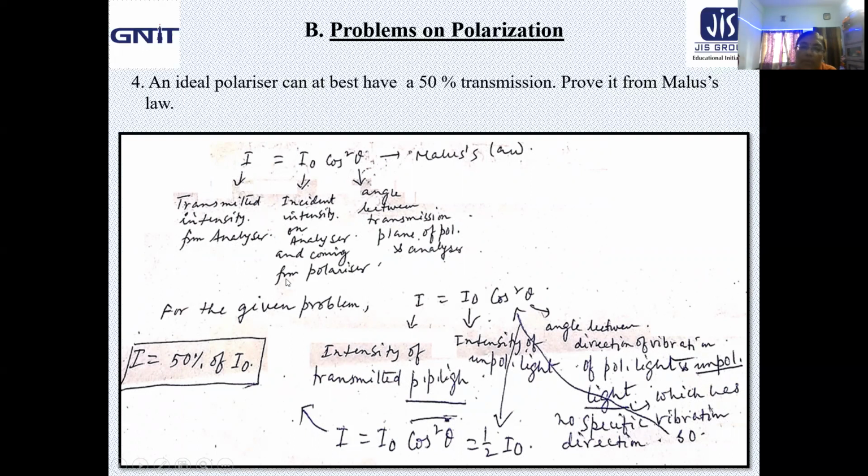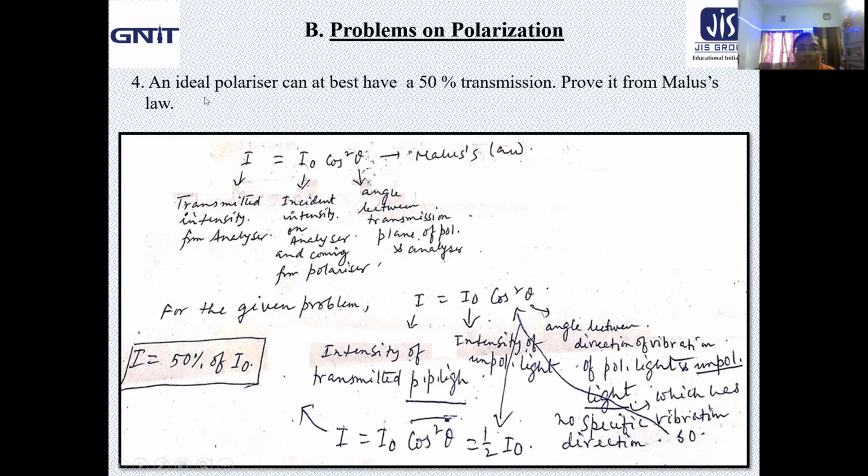So the intensity coming from the polarizer and falling on the analyzer is I0, and I is the transmitted intensity out of the analyzer. And theta is the angle between the transmission plane of polarizer and analyzer. It was the original Malus's law.